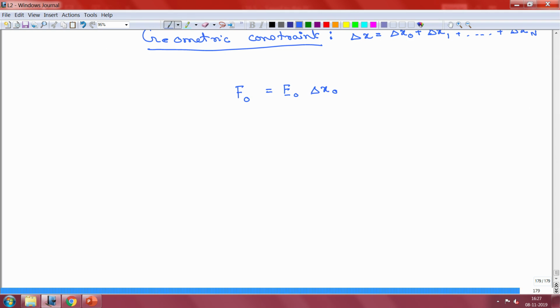Now, the equations for all the different Kelvin-Voigt-Maxwell bodies are going to be of the same form, and the force here is given by E 1 plus eta 1 times the differential operator d, into delta x 1, and this is going to continue all the way till all your N elements are complete.